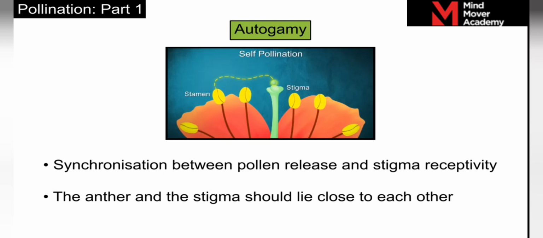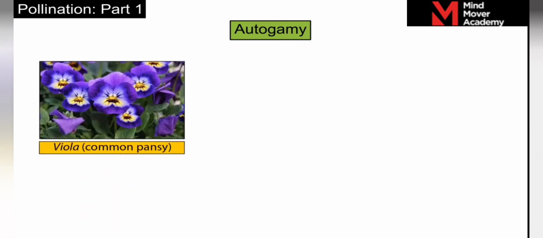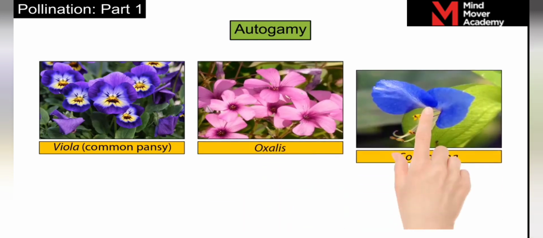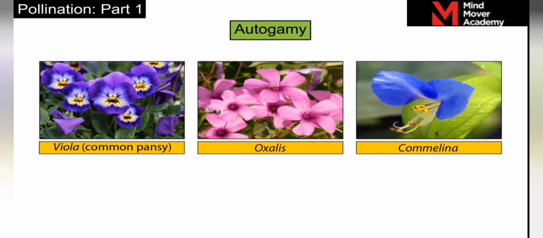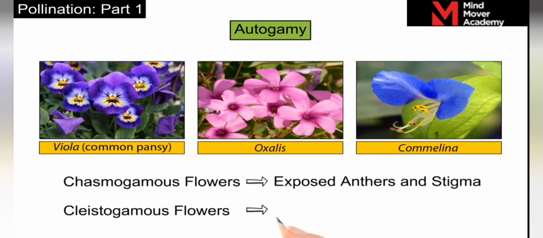Here, let me tell you something interesting. Some plants such as viola, common pansy, oxalis, and commelina produce two types of flowers: chasmogamous flowers, which have exposed anthers and stigma, and cleistogamous flowers, which do not open at all. In such flowers, the anthers and stigma lie close to each other.